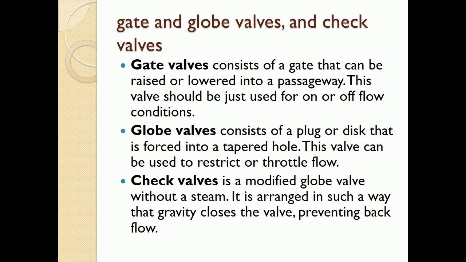Globe valves consist of a plug or disc that is forced into a tapered hole. This valve can be used to restrict or throttle flow. Check valves are a modified globe valve without a stem. It is arranged in such a way that gravity closes the valve, preventing backflow.